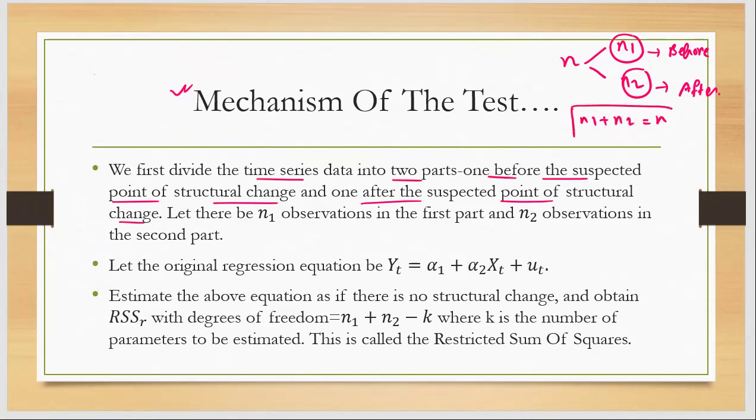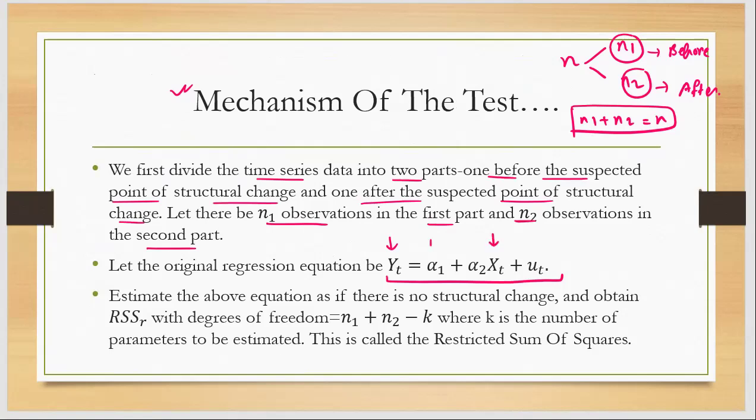This is very evident. There are N1 observations in the first part and N2 observations in the second part. And suppose this is the original regression equation. This is the original simple two-variable regression equation. This is the regressand, that is the output variable, and this is the explanatory variable, also known as the regressor.